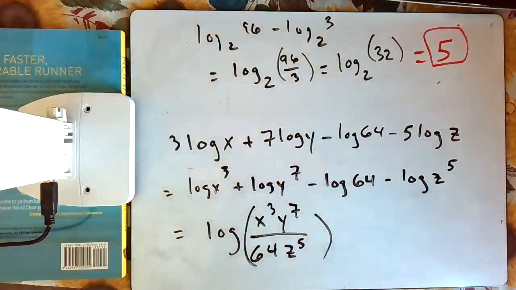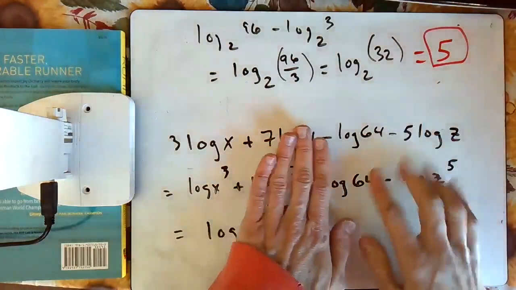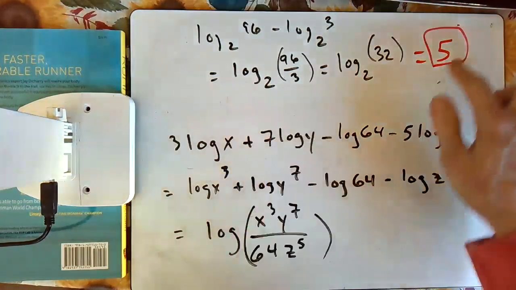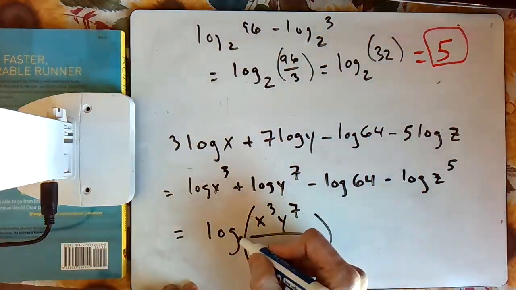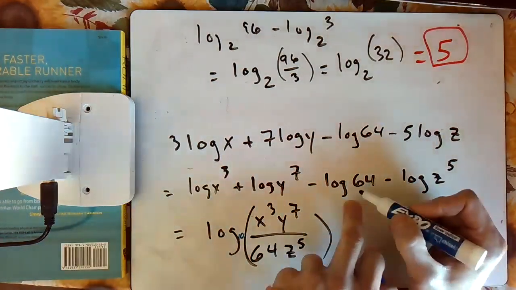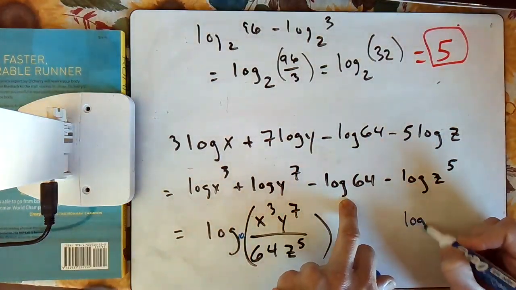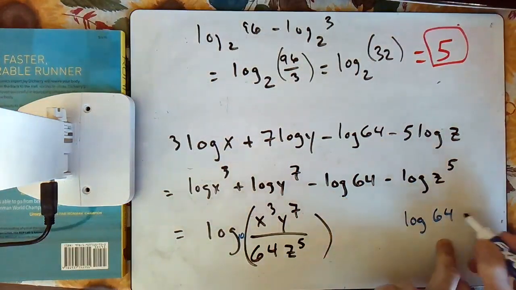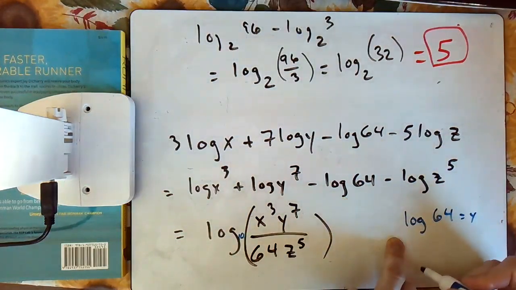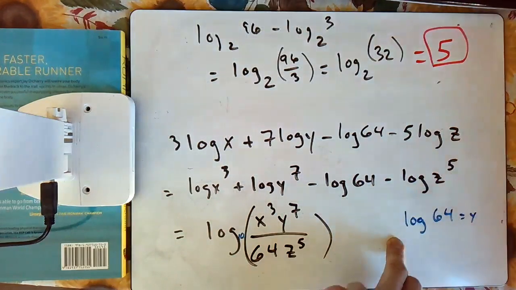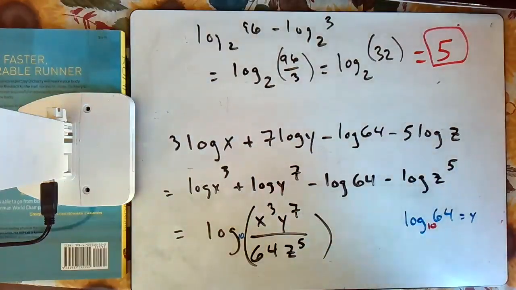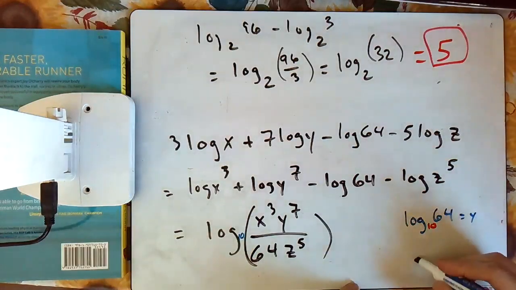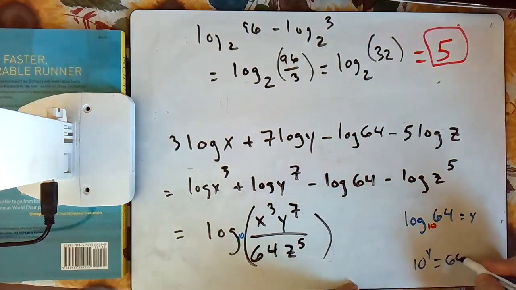Does this simplify to something nice any further? No, not at all. Even if we had this expression, log of 64, that would not equal something nice, right? Because remember, what's the base if they don't give it to you? It's automatically 10. So even if you were trying to evaluate this alone, you would have 10 to the y equals 64.